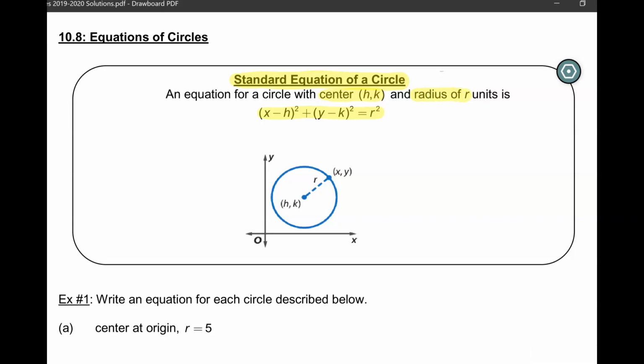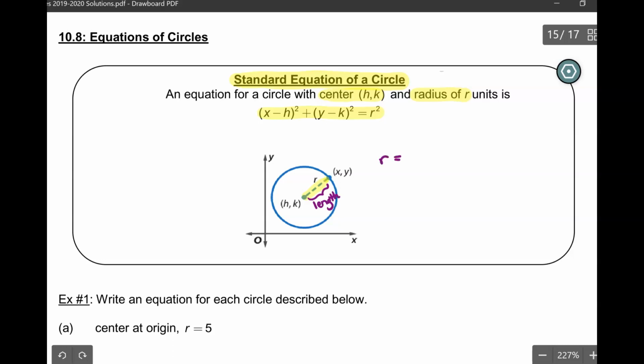Now, if you think about what the radius is, it's the segment that goes from the center to one point on the circle. So what's the length of that radius?